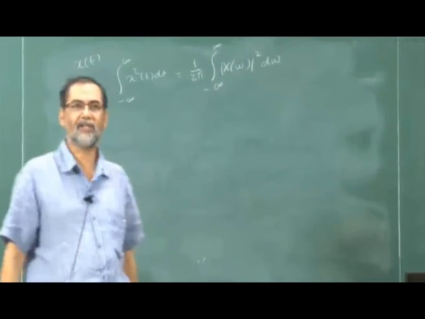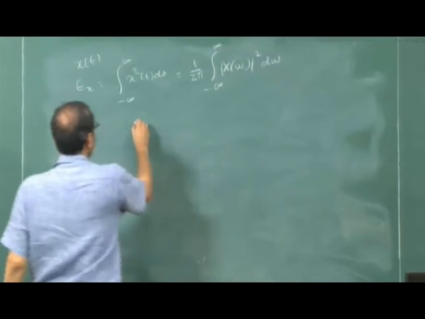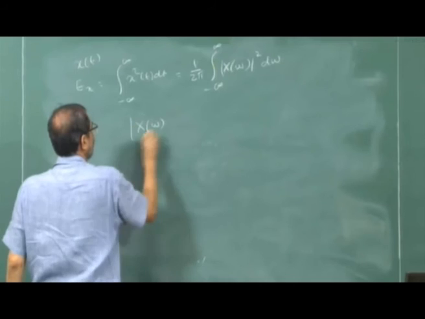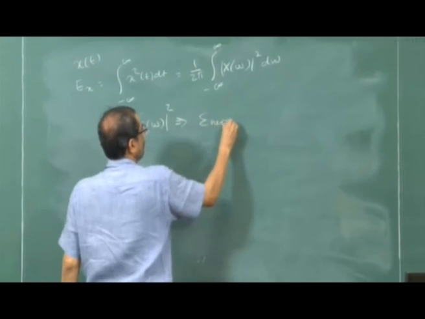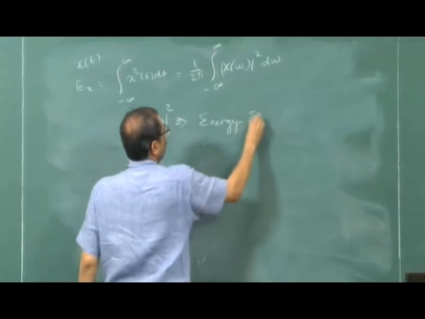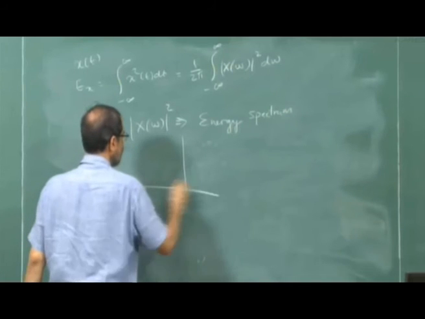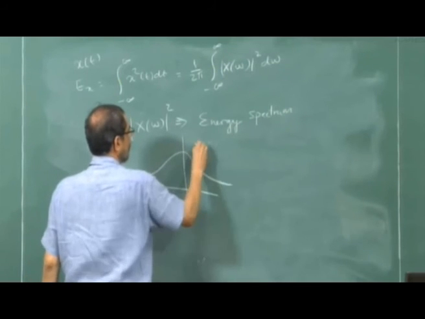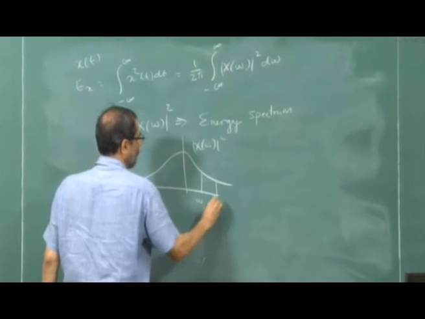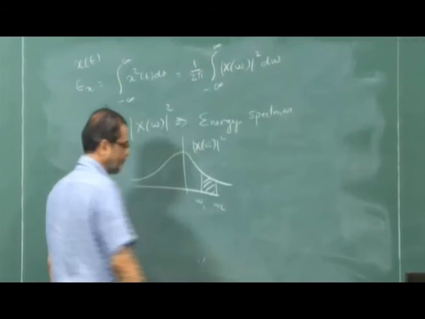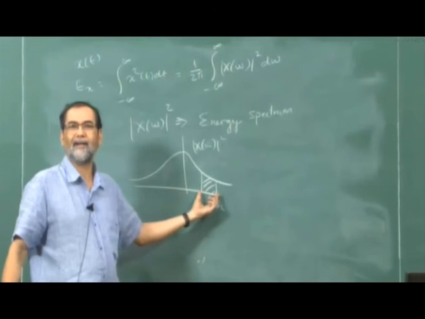This is the Dirichlet condition, sorry, this is Parseval's theorem, and the function magnitude squared of X of omega is called the energy spectrum. What it means is, let's say this is the magnitude squared of X of omega, given any frequency band omega 1 to omega 2, it tells you how much energy is present in that particular band.